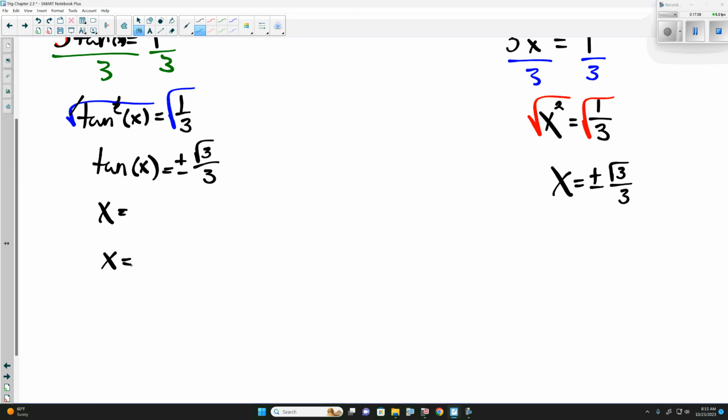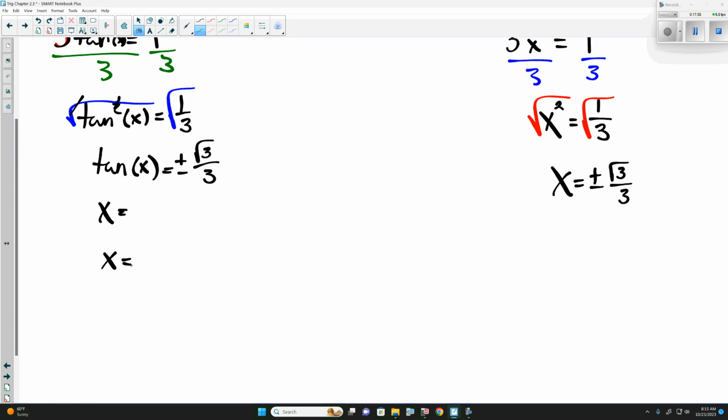Here we're saying that tangent is equal to plus or minus the square root of 3 over 3, positive or negative, yes? Well, on the unit circle, we aren't technically given tangent outright. We are given tangent, it is there, we just have to calculate it. We have to do sine over cosine. Now, I did give you, I think on the back, that nice little big chart that we filled in.